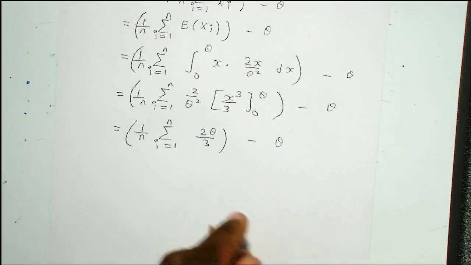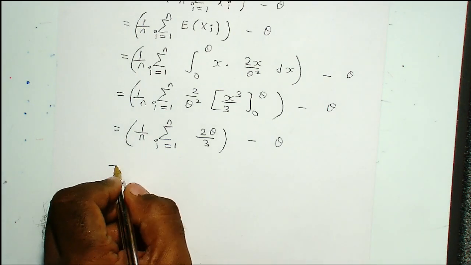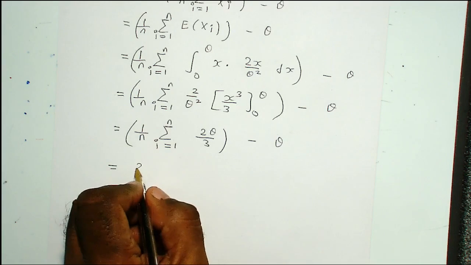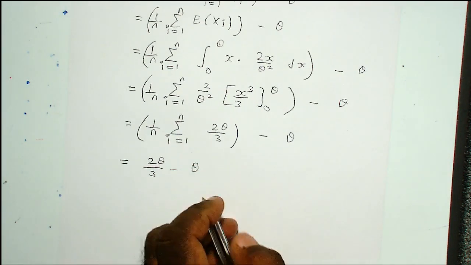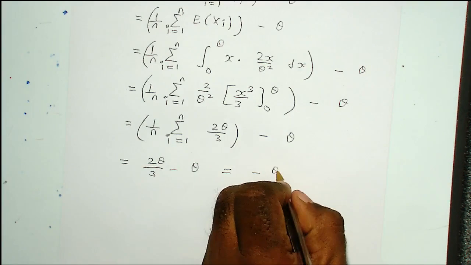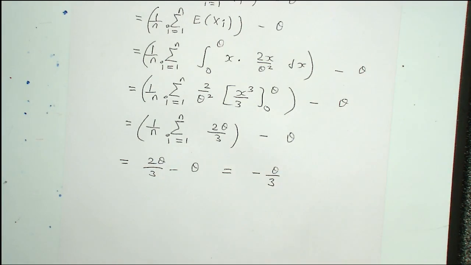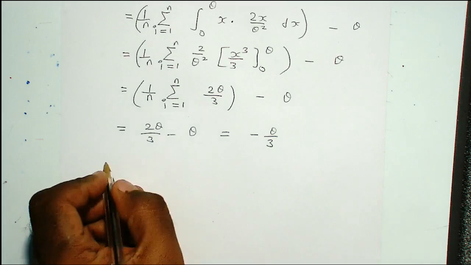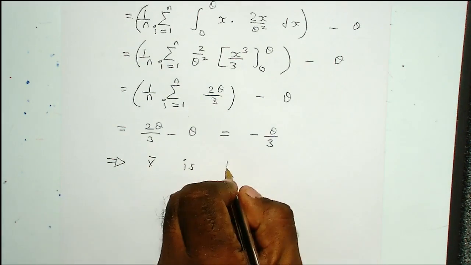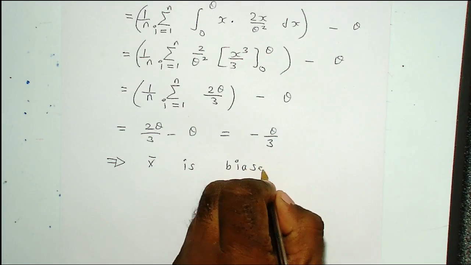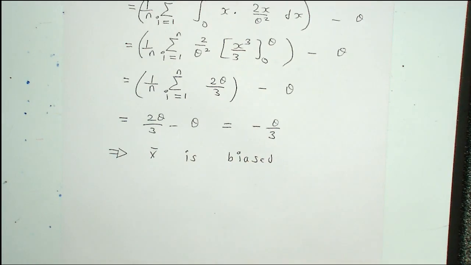Correct me if I'm wrong. So this will become 2 theta by 3 minus theta, which is minus theta by 3. So it clearly implies that x bar is biased, because the bias is different from 0.